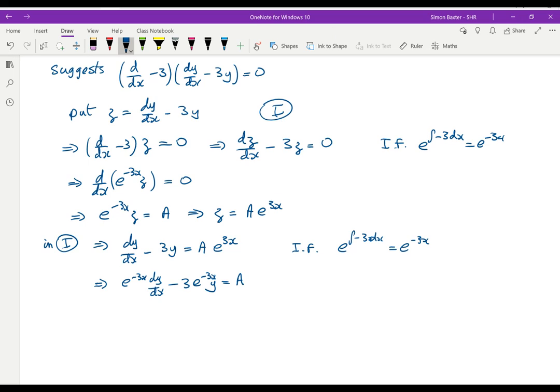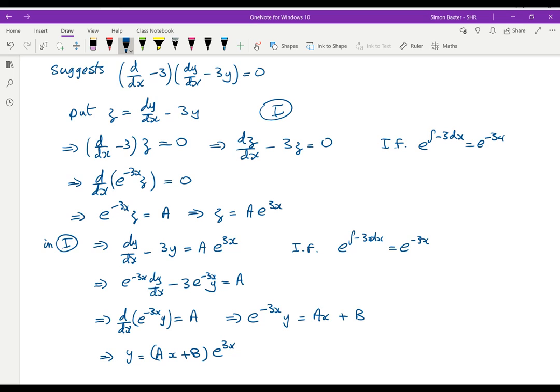Okay, there it is. Now we have d by dx of e to the minus 3xy is equal to a, and therefore e to the minus 3xy is equal to ax plus b, another arbitrary constant. And so y is equal to ax plus b times e to the 3x.